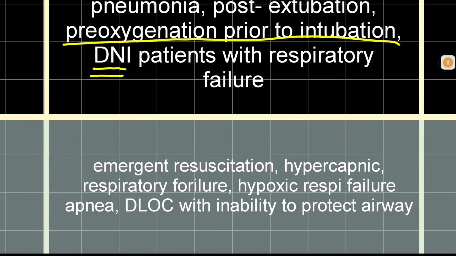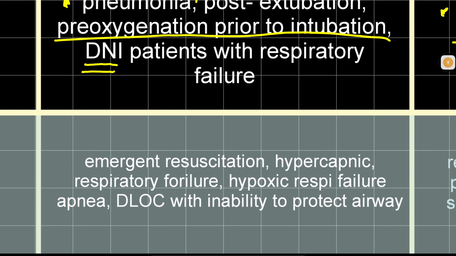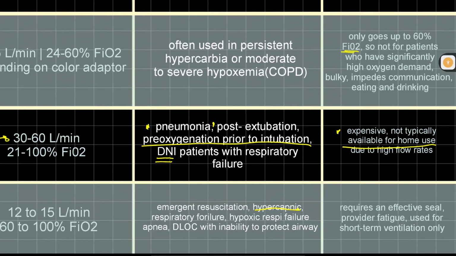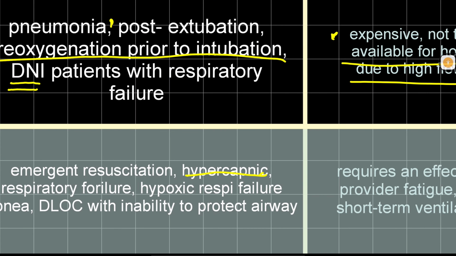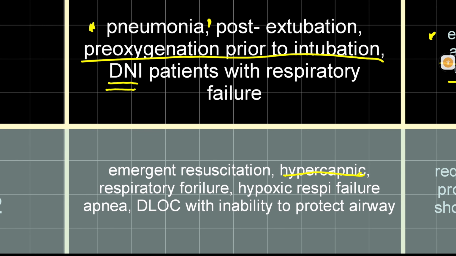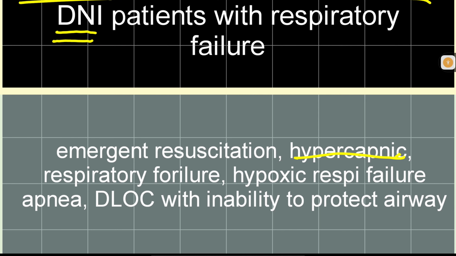In emergent resuscitation, when the patient is arresting, or urgent intubation, hypercapnia, and another term for this is hypercarbia. They are the same, so don't get confused. It means an abnormally increased amount of carbon dioxide in the blood.